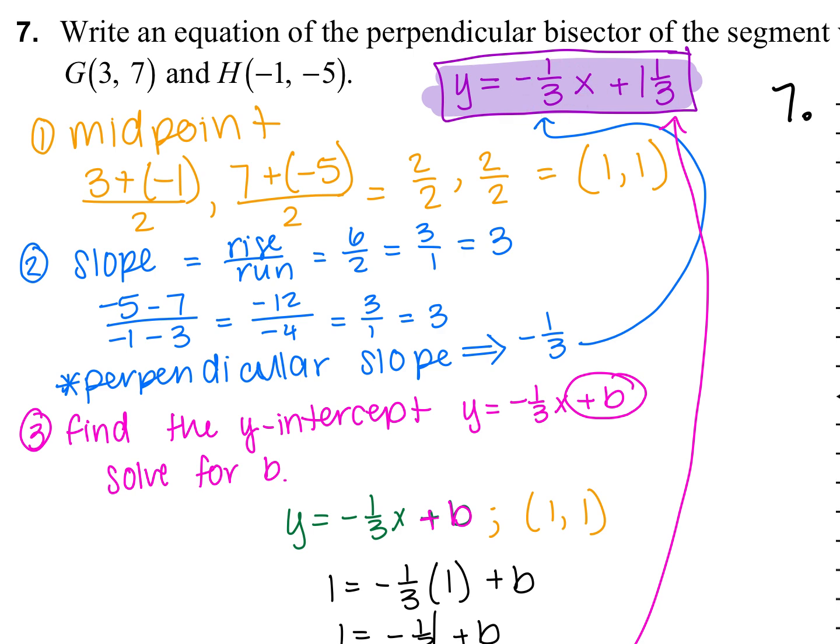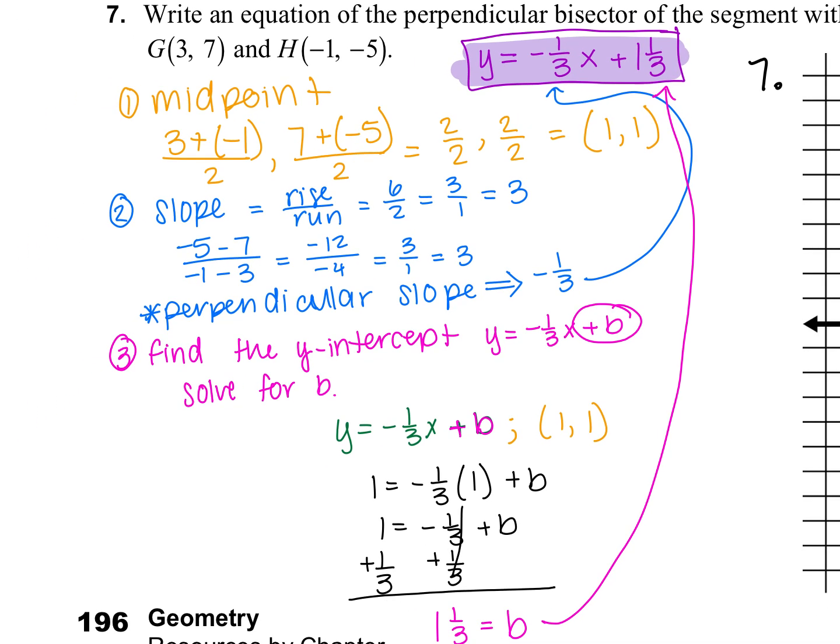And then I solved. So when I'm solving, I'm taking that y equals mx plus b form, the slope-intercept form, plugging in my new slope, which is what I have in part of my answer. So once you get to step 2, you should have half your answer. And then I'm solving for that intercept.